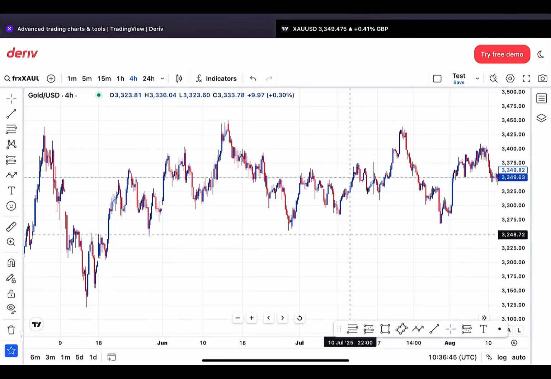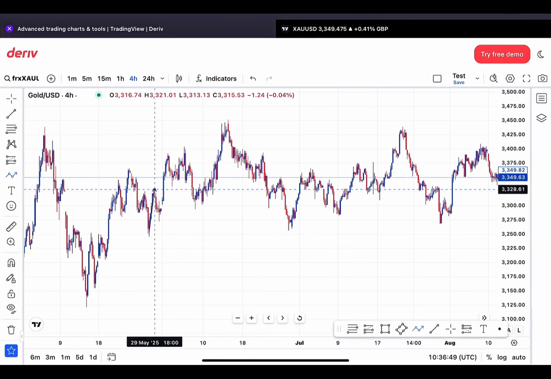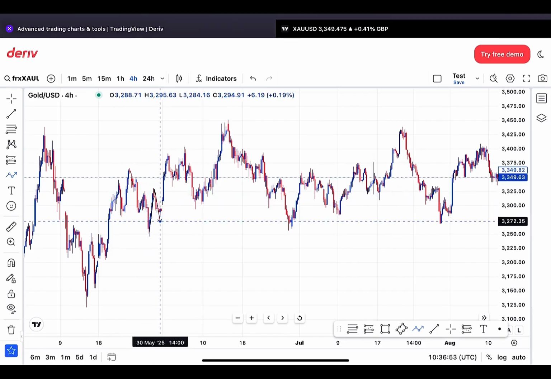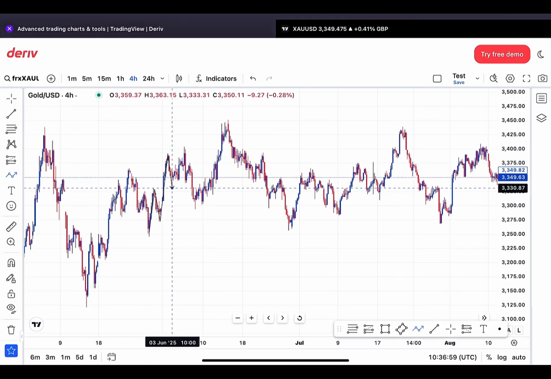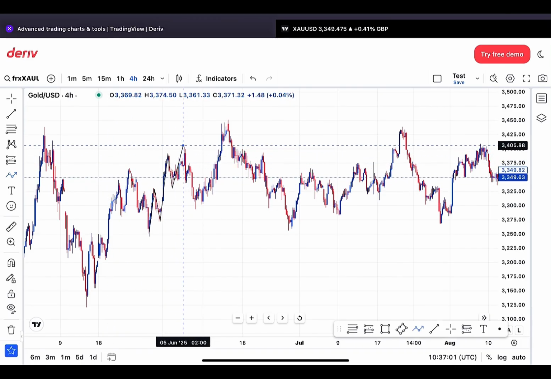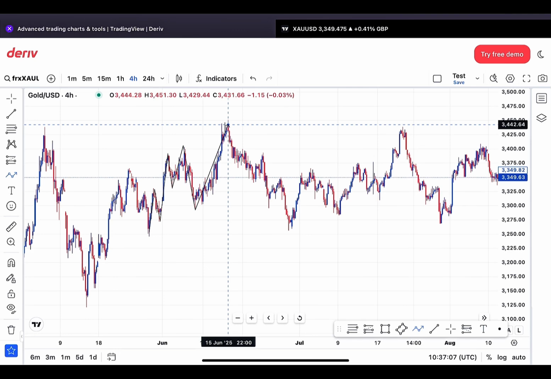So as you can see, first of all, you can see the break, inducement here, liquidity, a pullback, the new high, pullback, a new high, and the what? Pullback, which we call demand, then the new high.